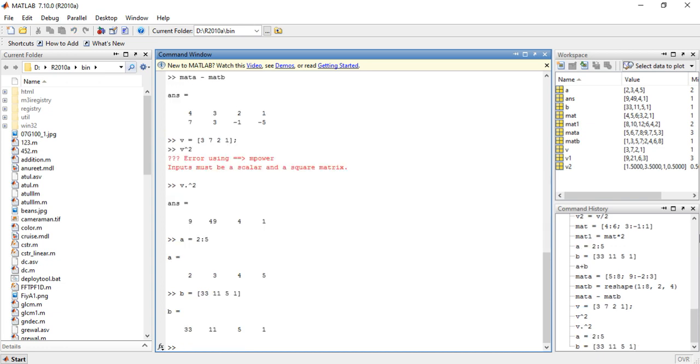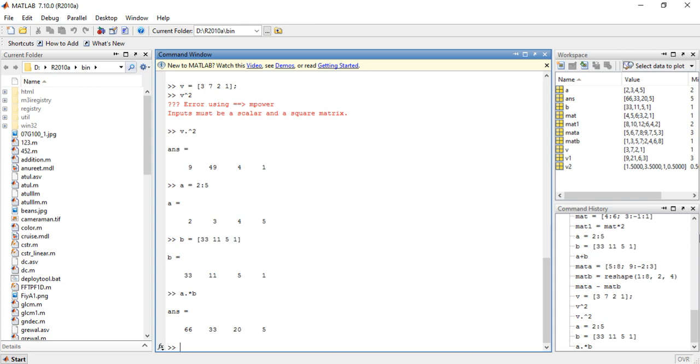We want to multiply these two vectors, so we are using the command a dot star b.